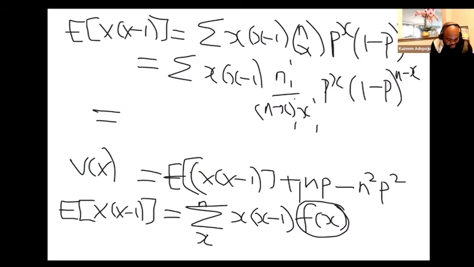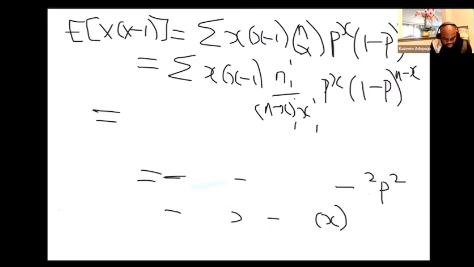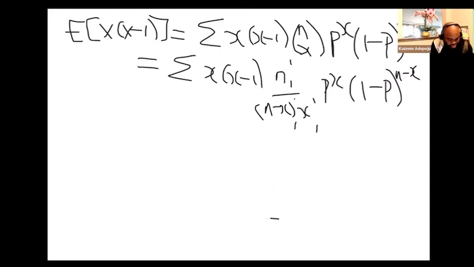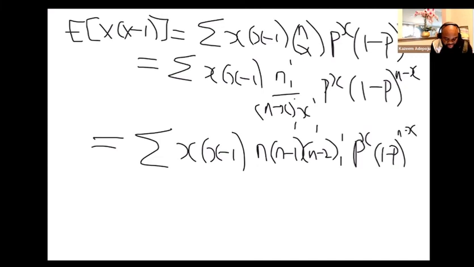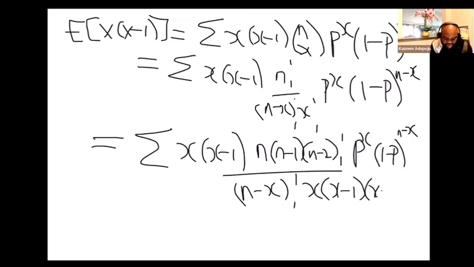N factorial is going to be n into n minus 1, n minus 2 factorial. And the x factorial can be written as x into x minus 1, x minus 2 factorial.